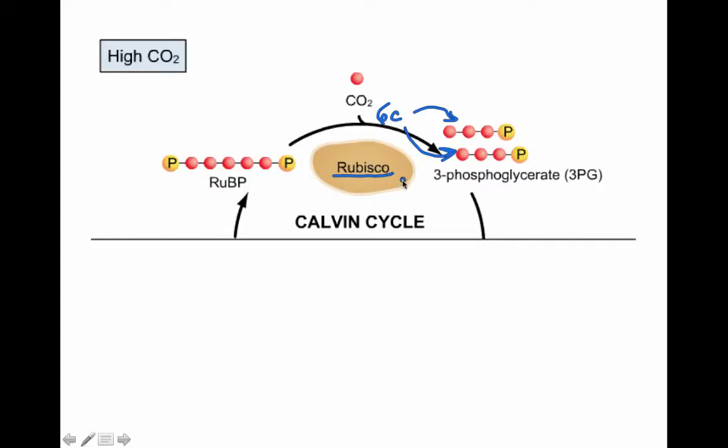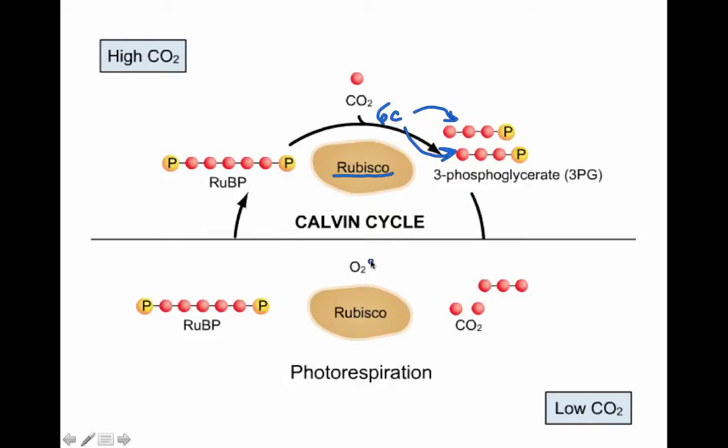And it works very well to fix carbon dioxide the vast majority of the time. If, however, you're a plant in some situation where photosynthesis is not optimal, for example, where you don't have a ready supply of CO2, you have lots of oxygen, and also if you are operating at high temperature, you can get something called photorespiration.